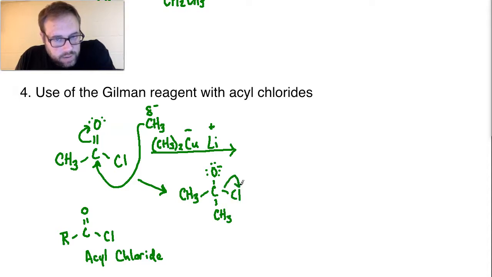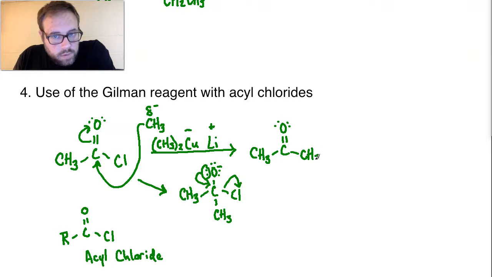This will leave very readily, and instead of protonating this, the set of electrons will come back down to reform a pi bond. If the chlorine has left and is no longer there, then I've got the 2 methyl groups and I've got the carbonyl back: methyl group, carbonyl, methyl group.